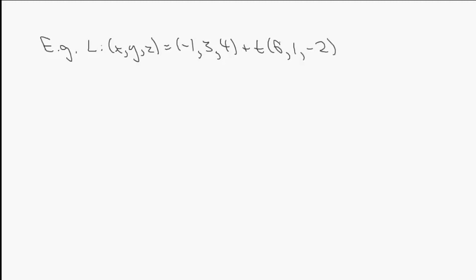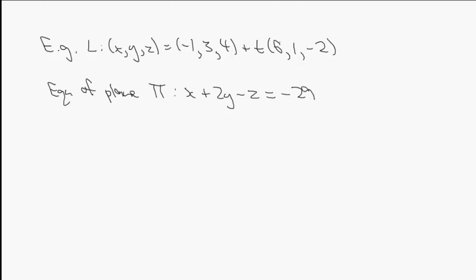So the equation of the plane would be x plus 2y minus z equals to -29.